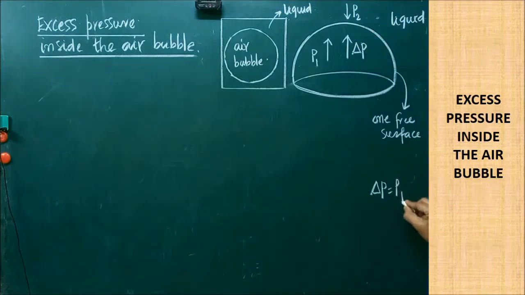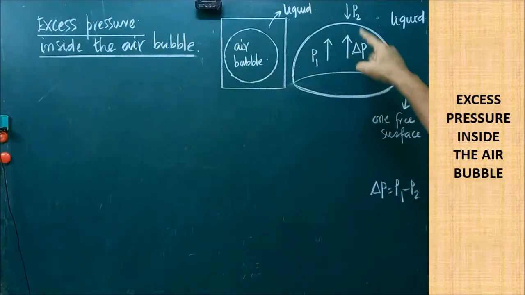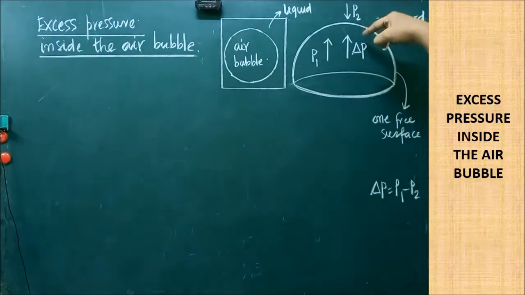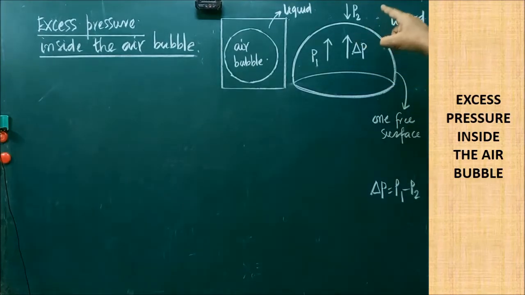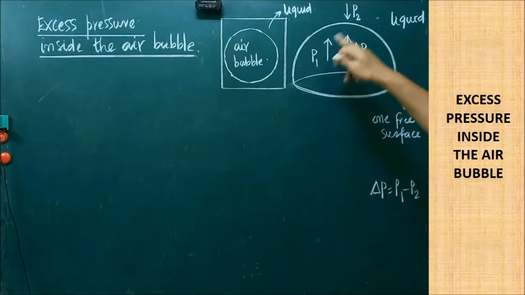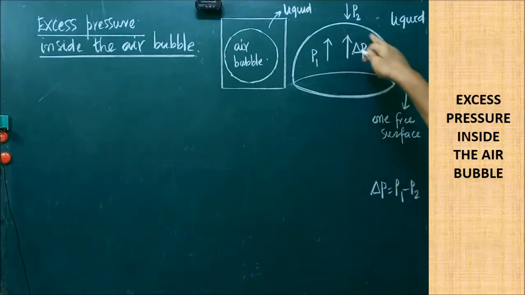Therefore, P1 minus P2, the difference, gives you the excess pressure. Both P1 and del P are acting in the same direction, and P2 is acting on the surface from outside. So this excess pressure expression is to be derived, that is our aim.